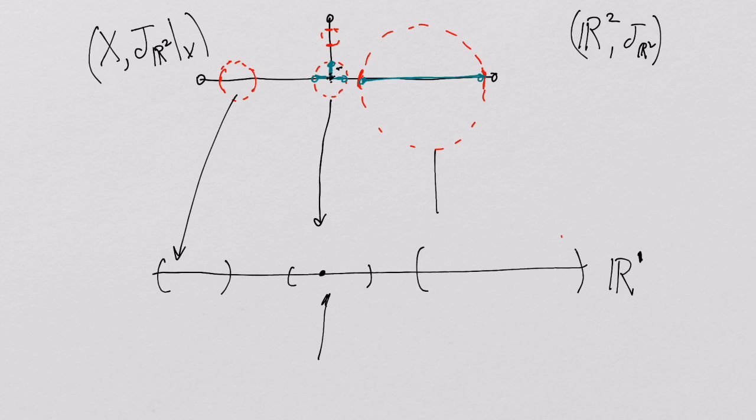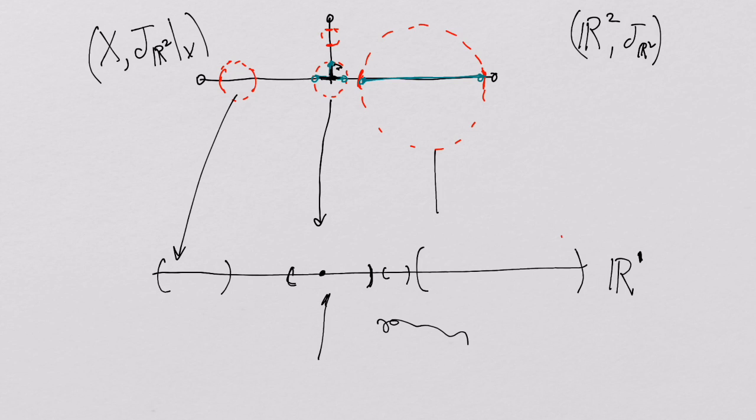Because remember, that point is an intersection of three things. So it's sort of unique, but how can I pick out any point on the line that's special in any way? Maybe I could try to map this first interval part to this, and then I can map this top part to, say, that.